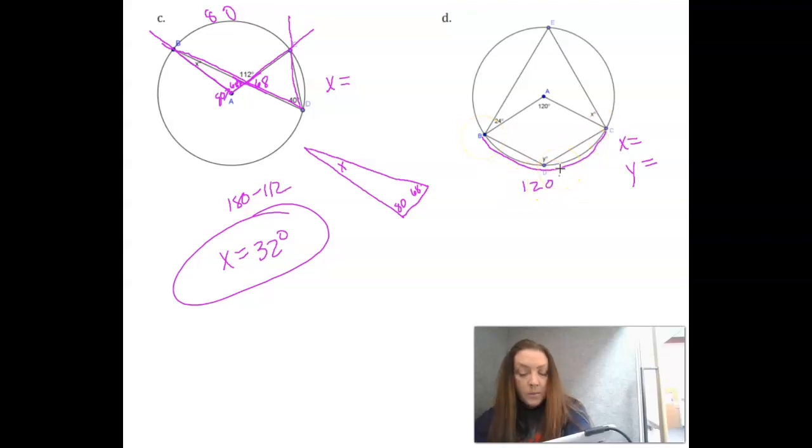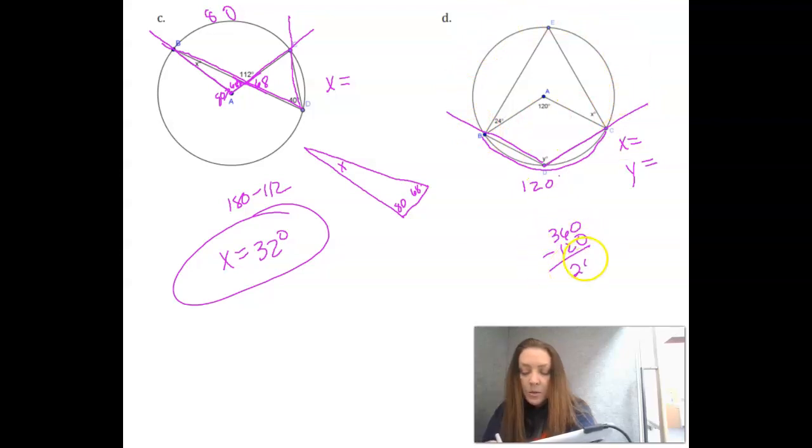We're just going to write down information that we know. And then Y, which is this angle here, intercepts the other arc. So the other arc, 360 minus that 120, gives me 240. So that whole other arc is 240 degrees. And so the inscribed angle is going to be half of that. So right now we know that Y equals 120 degrees.